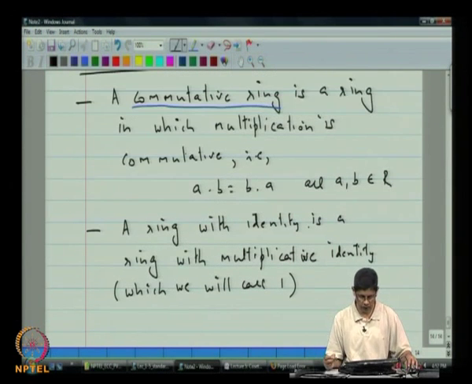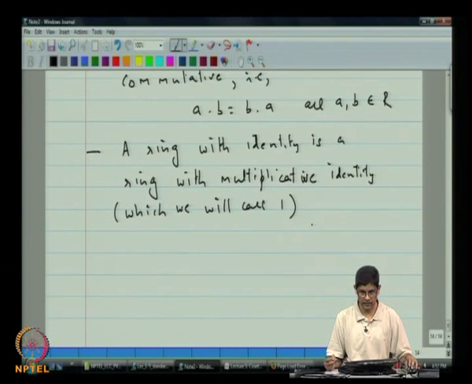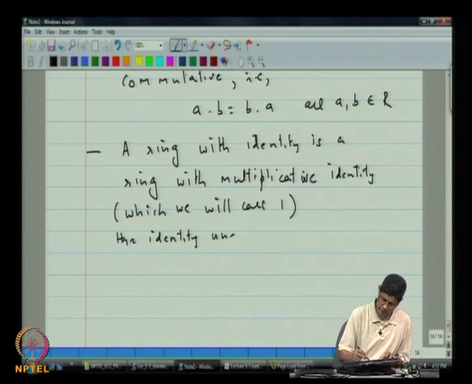So here in the context of rings, the identity under addition will be called 0. So the identity under addition is written as 0.